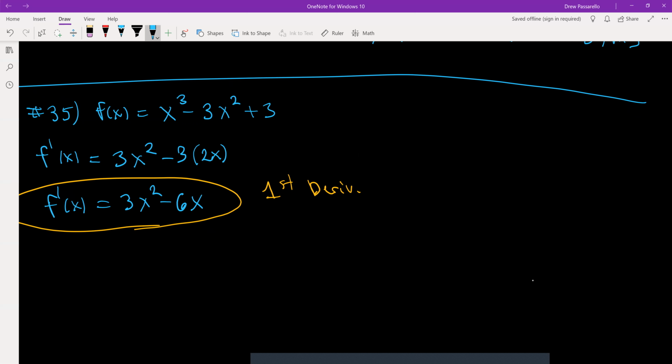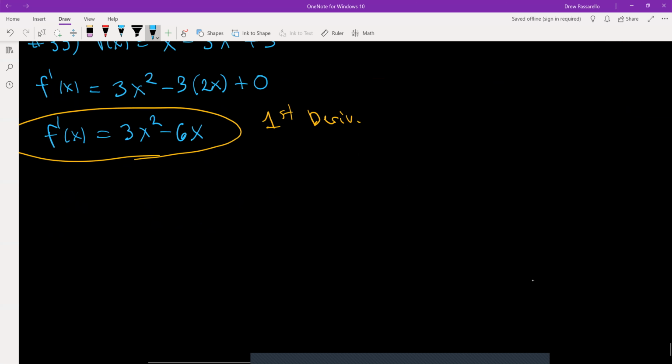So it's really 3x squared minus 6x as the first derivative. And we know the last value, 3, is a constant, so its derivative is 0. All right, so that's the first derivative.